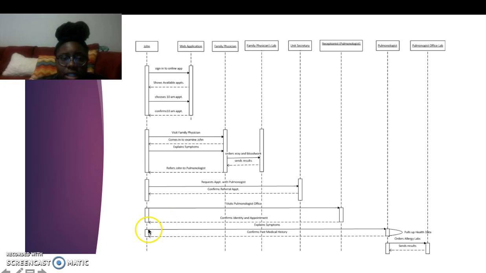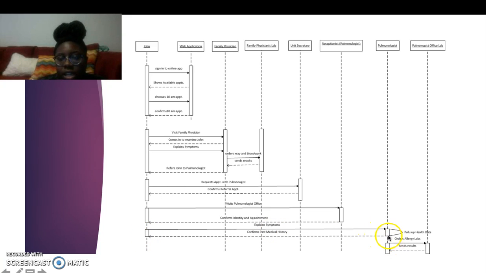And the next interaction is between John and the pulmonologist. So he goes back to see the pulmonologist, explains his symptoms, and then the pulmonologist pulls up his health data and all of his previous lab results from when the family physician ordered the blood work. Then he confirms this history with John just to make sure he hasn't had any past medical problems that aren't listed in his electronic record.